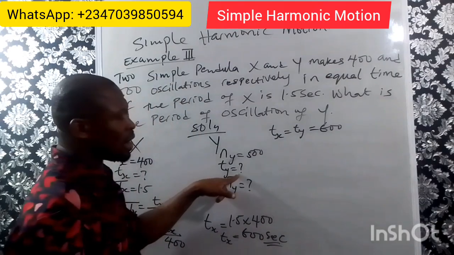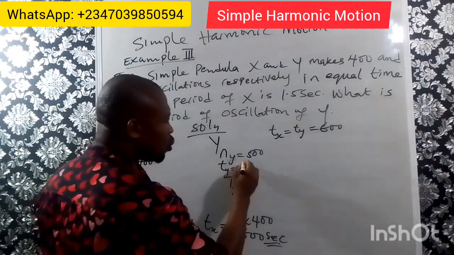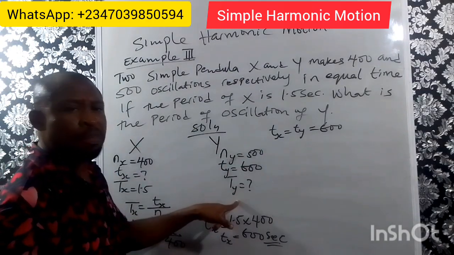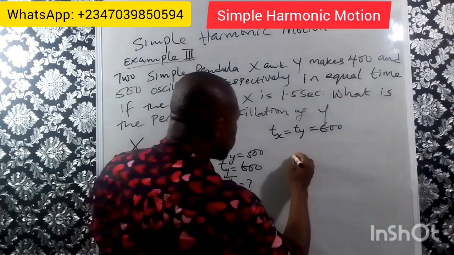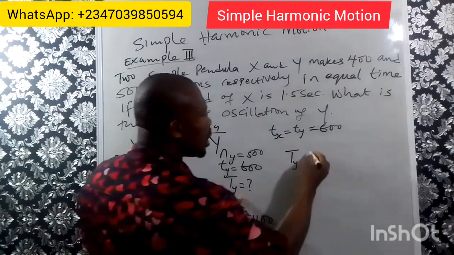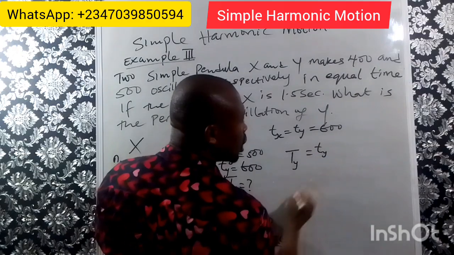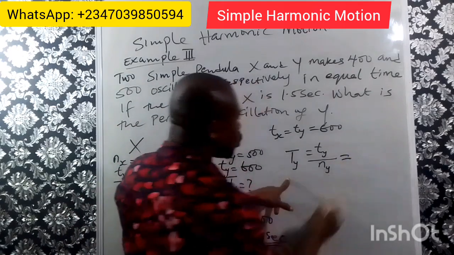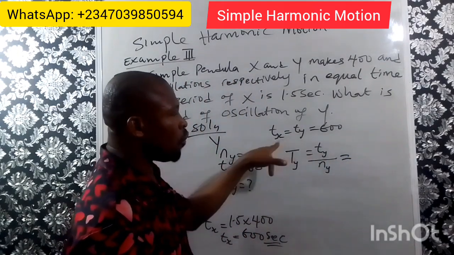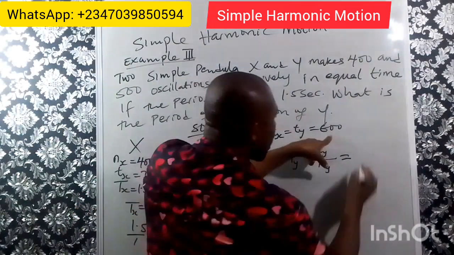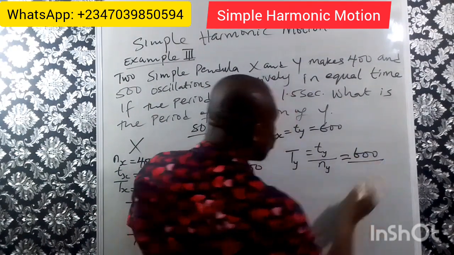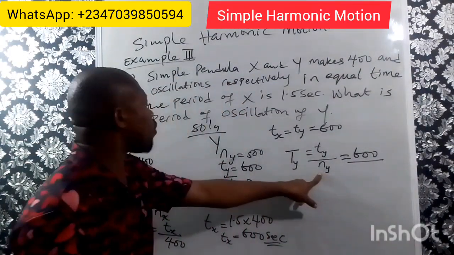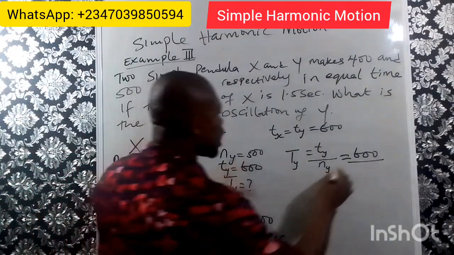That means we have gotten our Ty. We can clean here to write 600 here. So with these two, we can find the period of oscillation for Y. The period of oscillation for Y is equal to time of oscillation all over the number of oscillations for Y. If we substitute, the time of oscillation for Y, which is the same thing as the time for X, is 600 all over the number of oscillations for Y, which is 500.